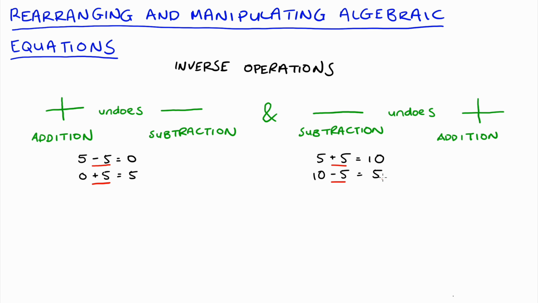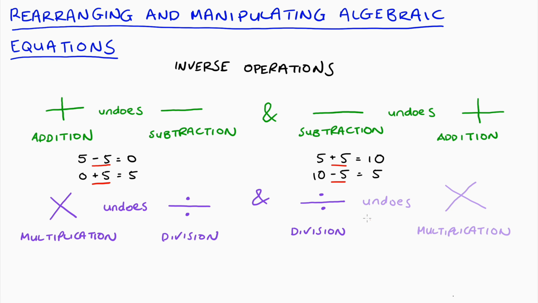Our next two operations to think about are multiplication and division. Multiplication undoes division and division undoes multiplication. If I had 5 and I divided 5 by 5, that's equal to 1. In order to get back to 5, we would multiply 1 by 5, that's equal to 5.